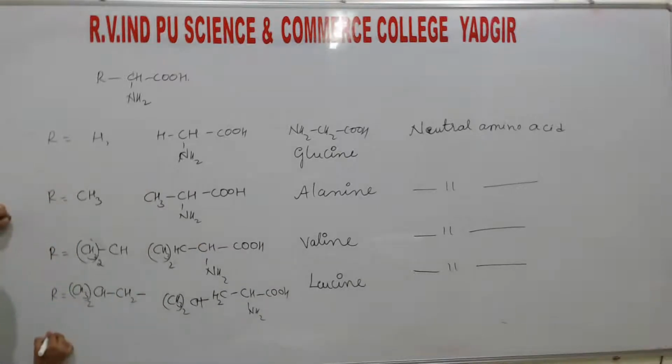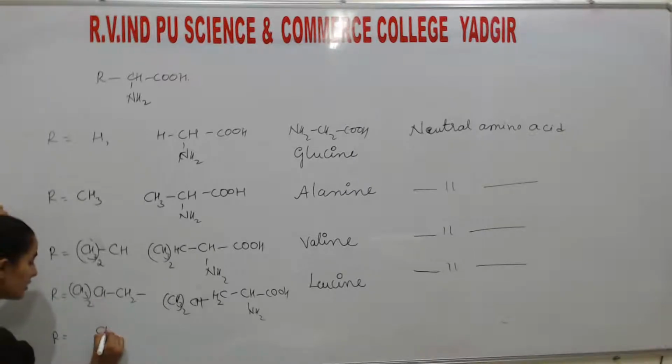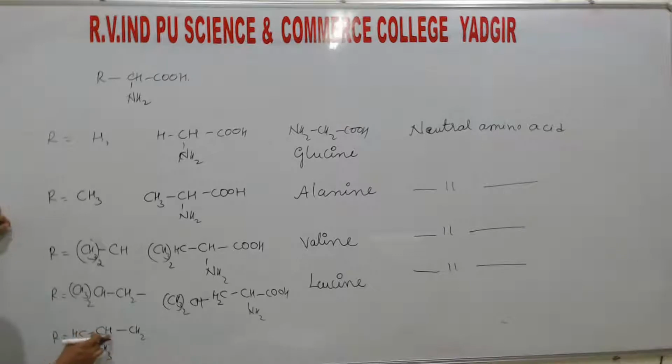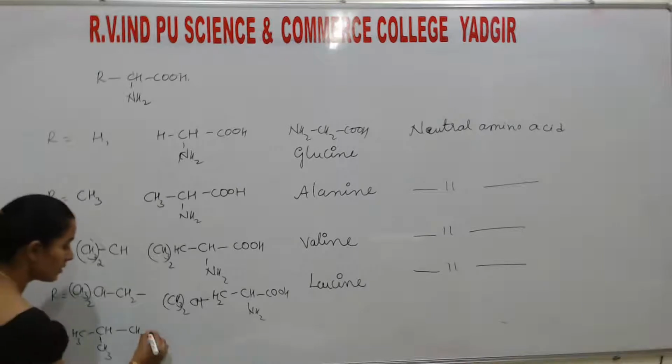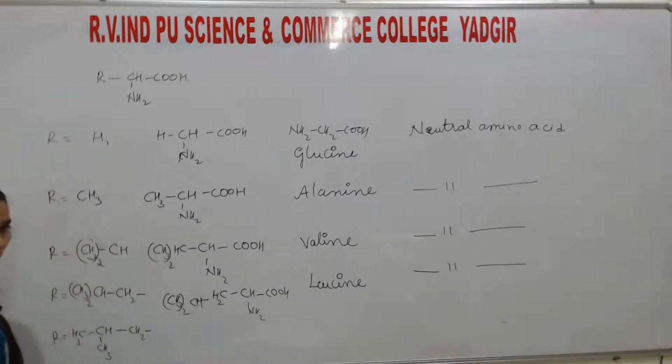Next one, the R group is iso. Listen, here one carbon is there: CH, CH2, CH2, CH3, CH3. For one carbon atom, two carbon atoms are attached. That is iso. Understand? This is the R group.